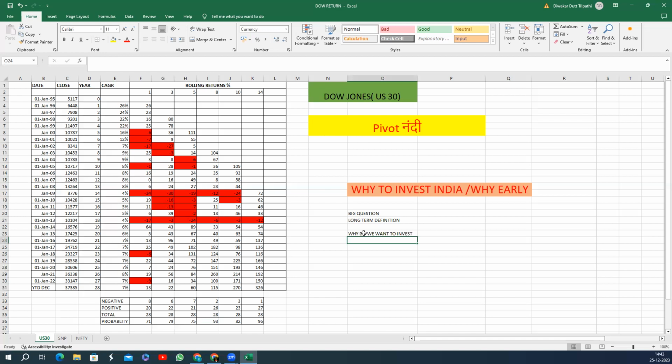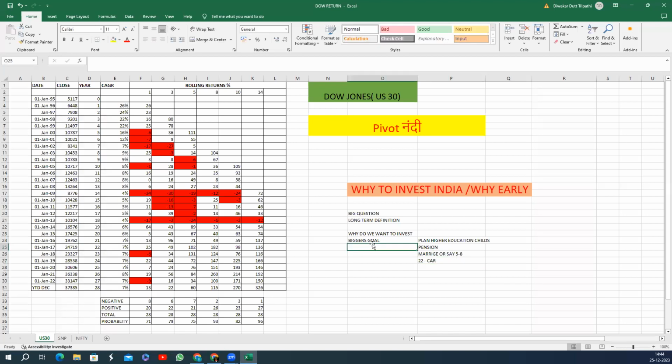Obviously, because we have some bigger goals, like planning for higher education of children, or after 30 years planning our pension, or marriage, or with a horizon of 5 to 8 years, if somebody at the age of 22 starts earning and invests 5,000 rupees, he can make at least a good handsome amount, like if he is planning a car or anything.